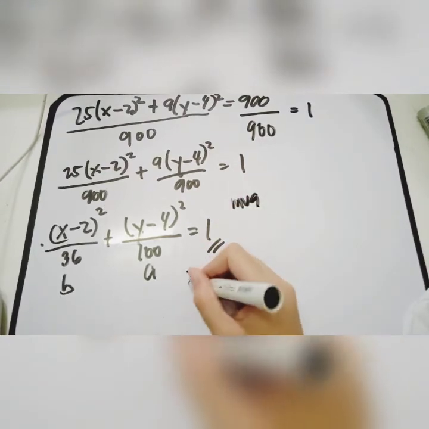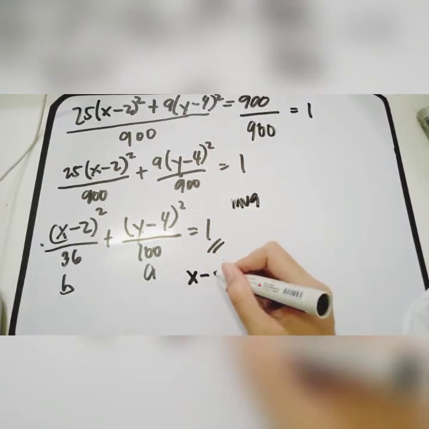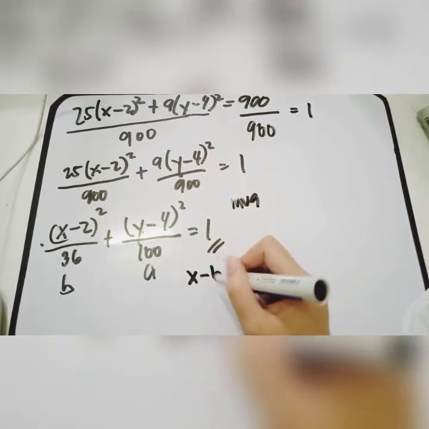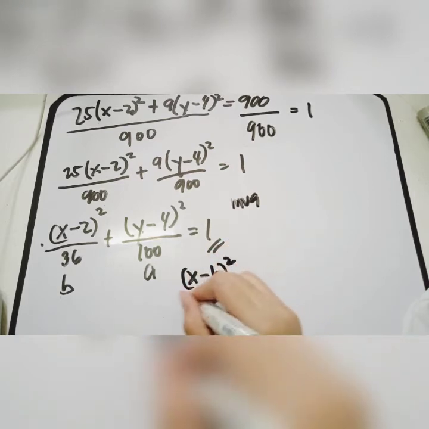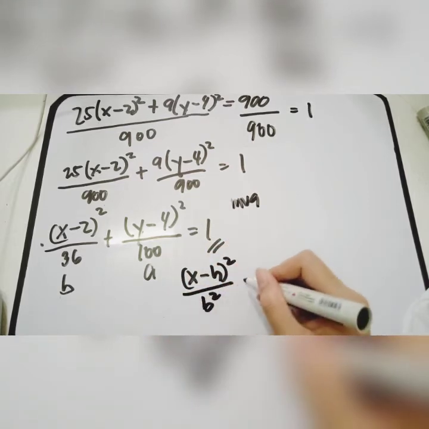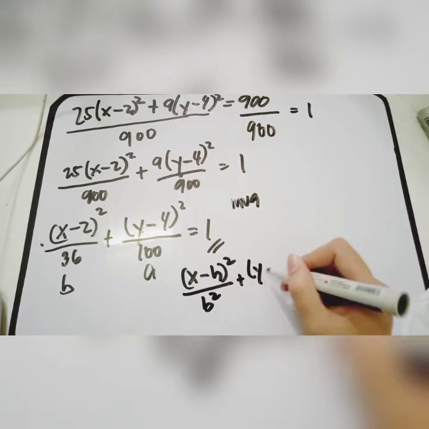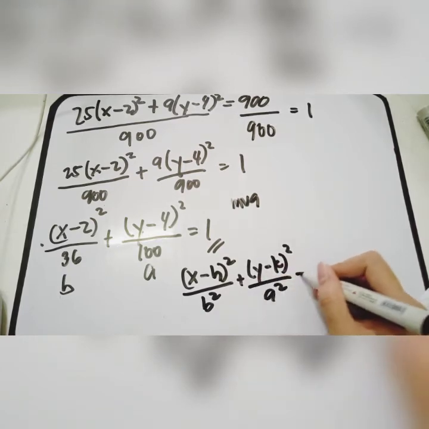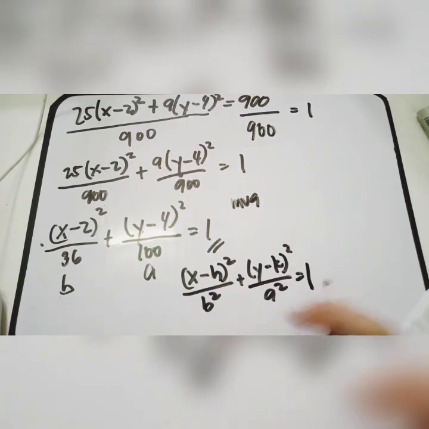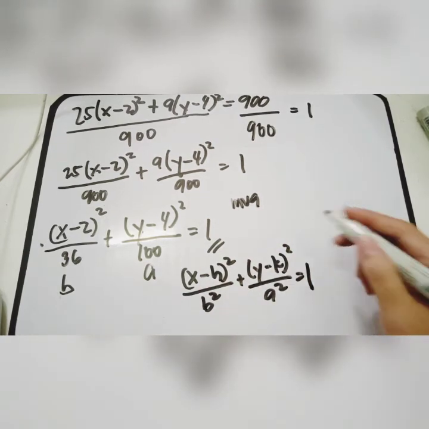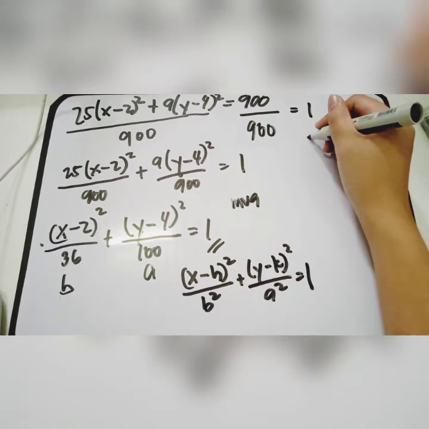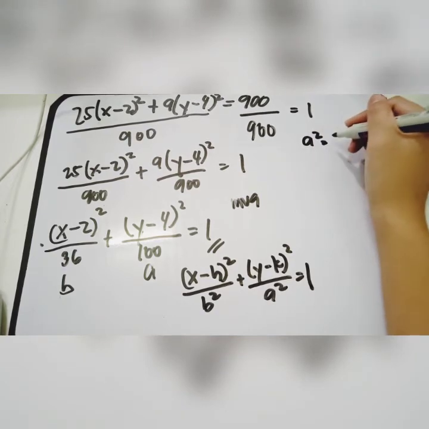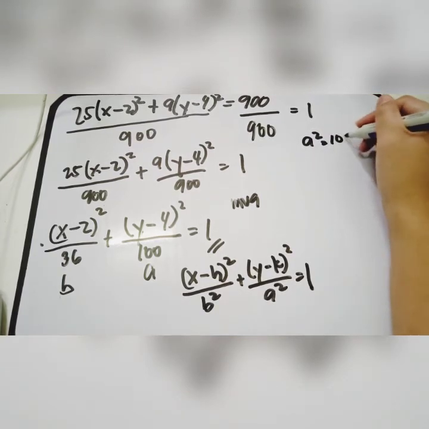It will be (x minus h) squared over b squared plus (y minus k) squared over a squared is equal to 1. Or pwede siyang pagbaliktarin din. Okay, so what is the value of our a squared? It is 100.